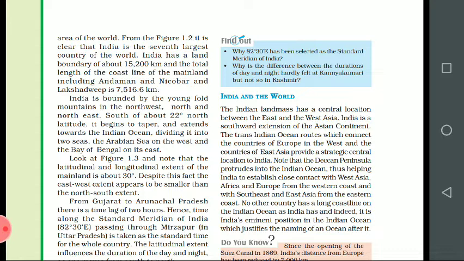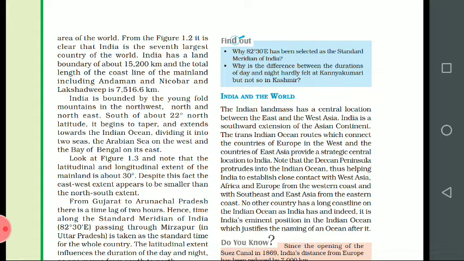Now, let us talk about the latitudinal extent. The latitudinal extent of India is 8 degree 4 minutes north to 37 degree 6 minutes north. The latitudinal extent influences the duration of day and night as one moves from south to north. Now, how does it happen? The circle of illumination divides the earth into two equal parts.